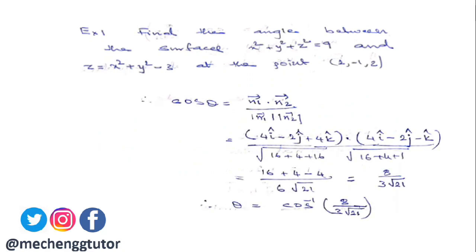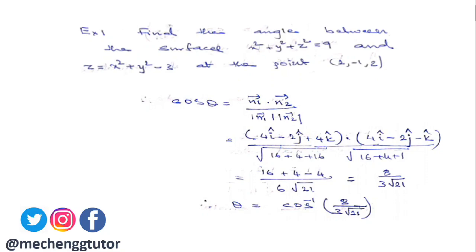Friends, we all know that for the angle between two vectors a bar and b bar, cos theta is equal to a bar dot b bar upon magnitude of a bar into magnitude of b bar. That formula is being used here.